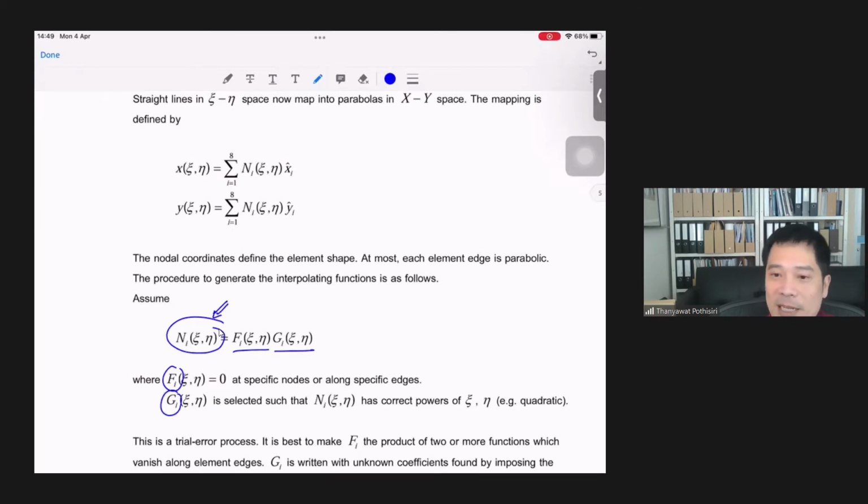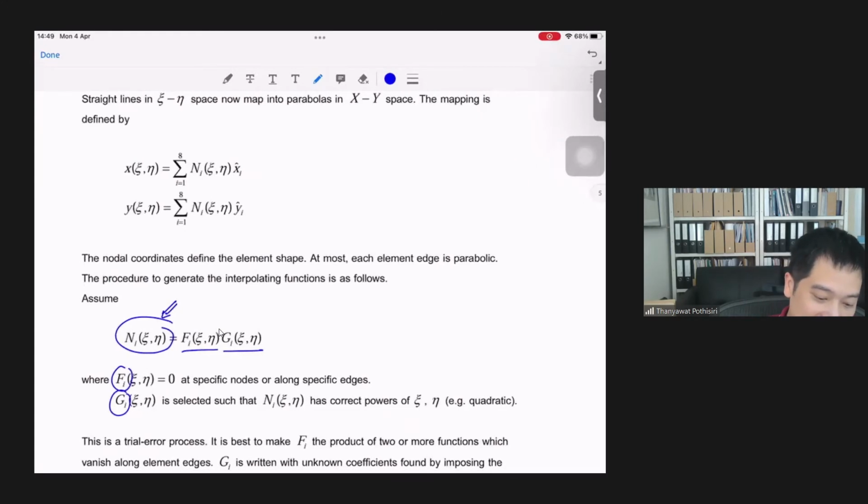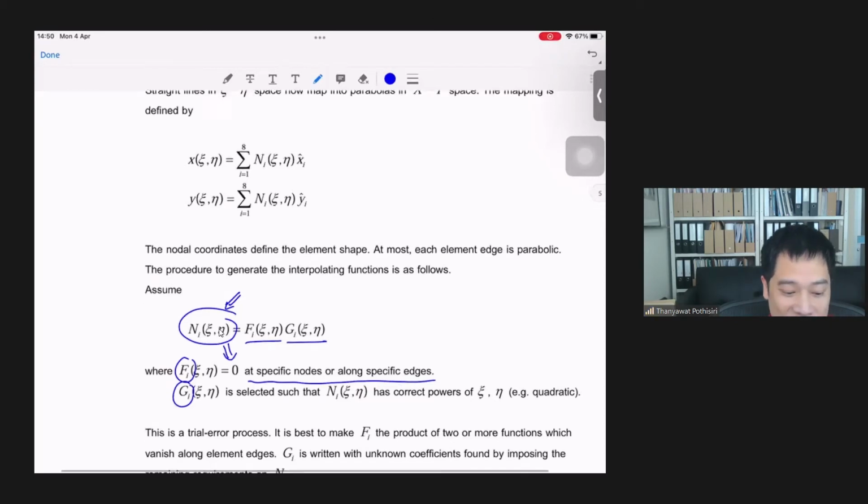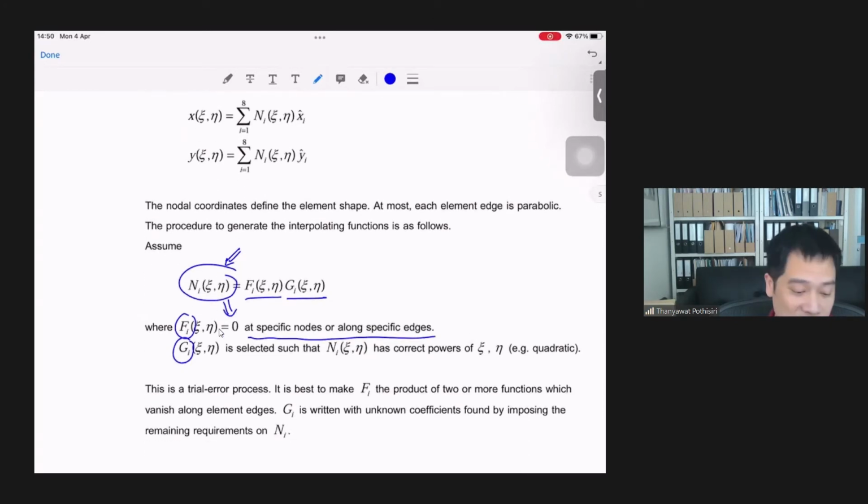The first property that the f function imposes is that it makes the shape function equal to 0 at specific nodes or along specific edges. For example, we know that N1 must be 0 at all the other nodes besides node 1. So this is what the f function does.